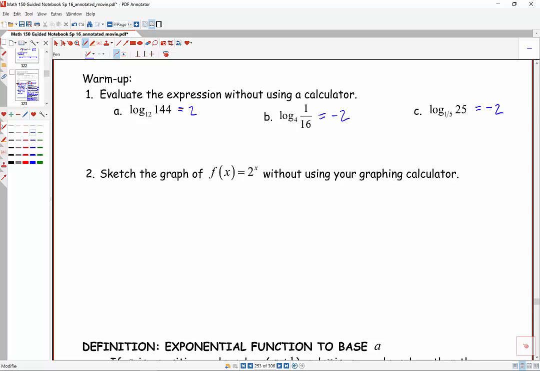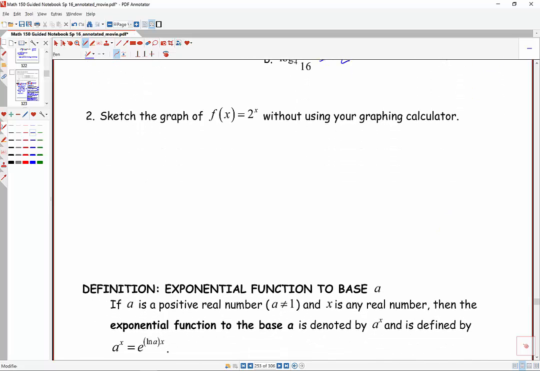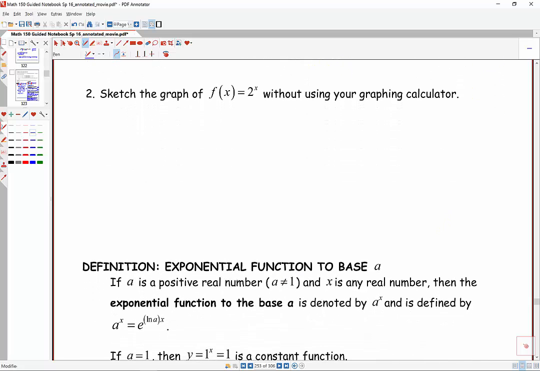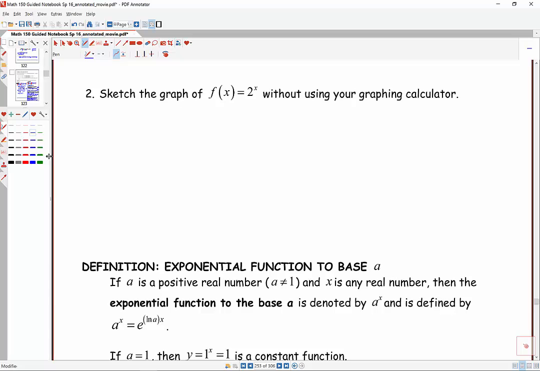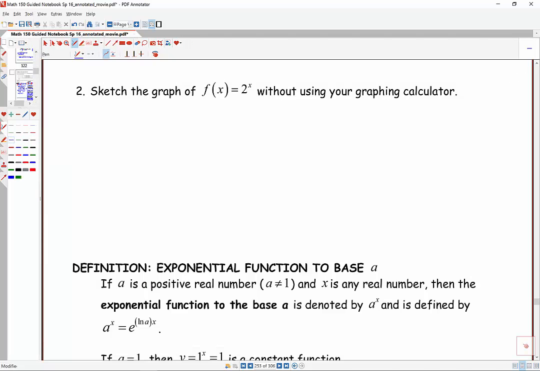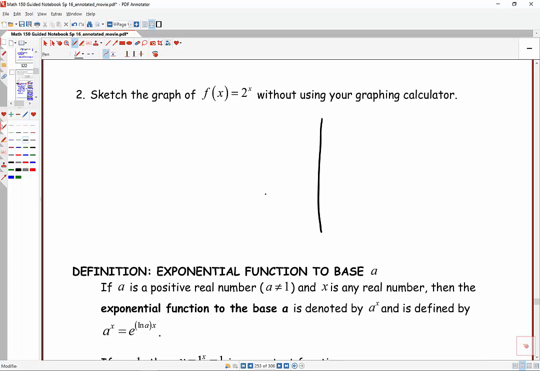Okay, so let's take a look at sketching this graph without using our graphing calculator. So if we make ourselves a little grid here, this is x and this is our function at x.